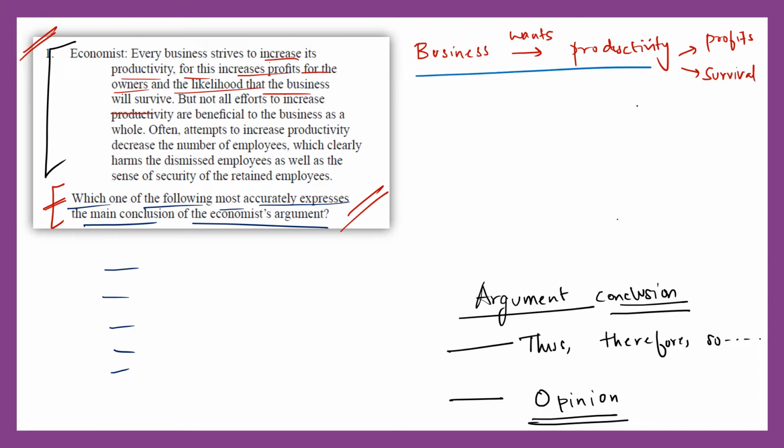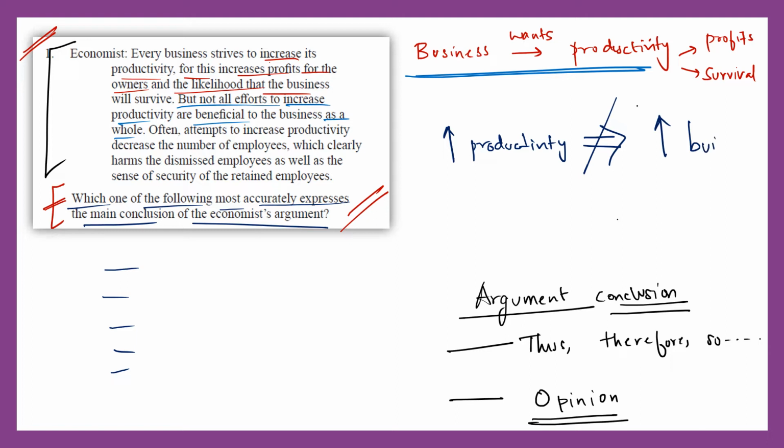That's the first line. Next, it says, but not all efforts to increase productivity are beneficial to the business as a whole. Okay, so it says that if you do something that increases productivity, an increase in productivity does not mean that it's going to help the business as a whole.